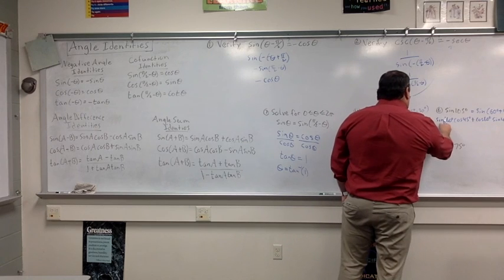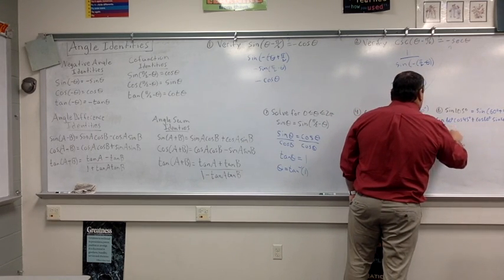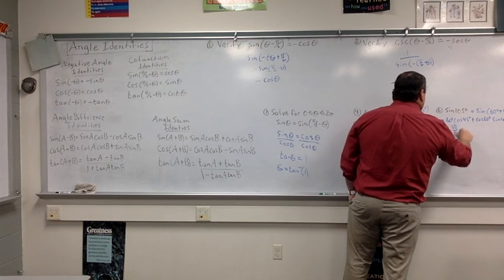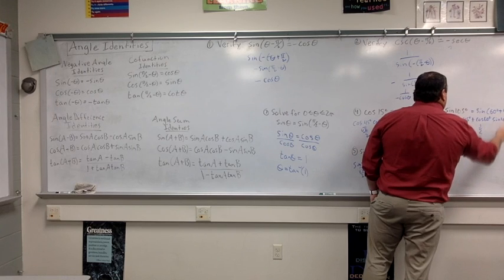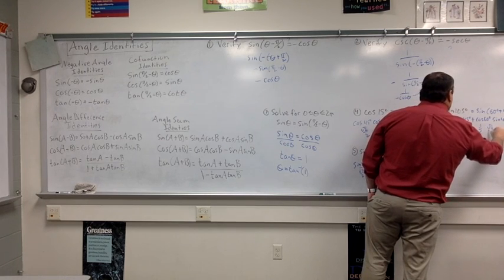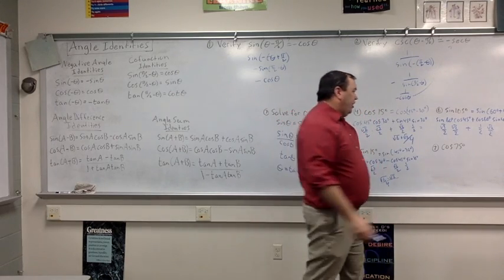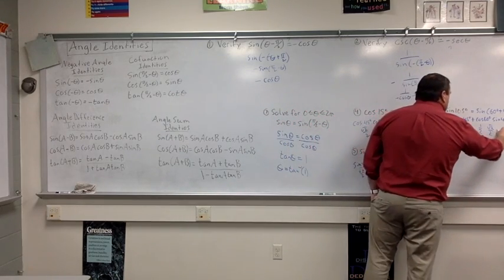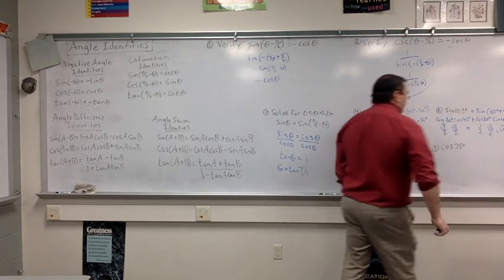So the sine of 60 is going to be the square root of 3 over 2, cosine of 45, cosine of 60, sine of 45, and I'm supposed to add those up. I get a very similar answer, square root of 6 plus the square root of 2 all over 4.